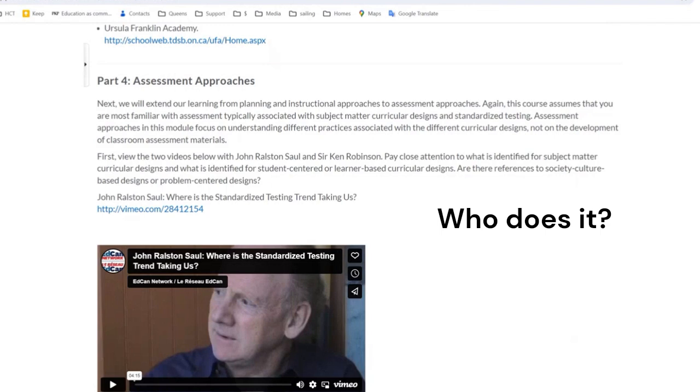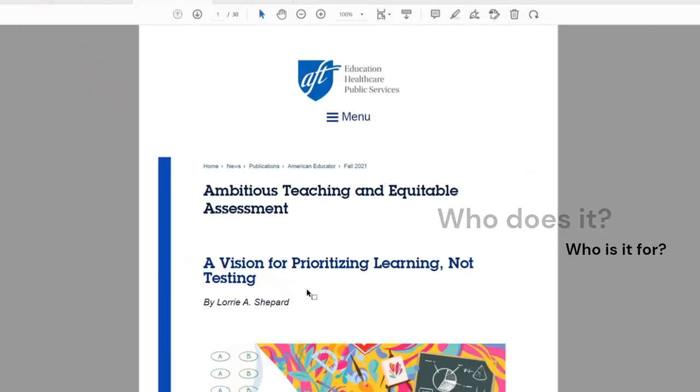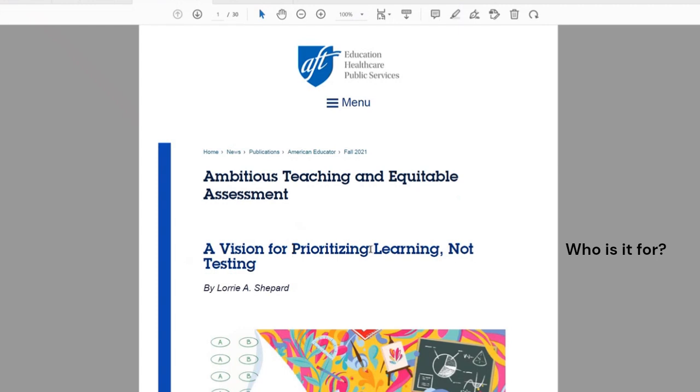Also think about, who is it for? A couple of the readings do talk about those right here. This one is a vision for prioritizing learning, not testing, but what do we do with the plethora of tests and assessments and so on and so forth that we do with our students.